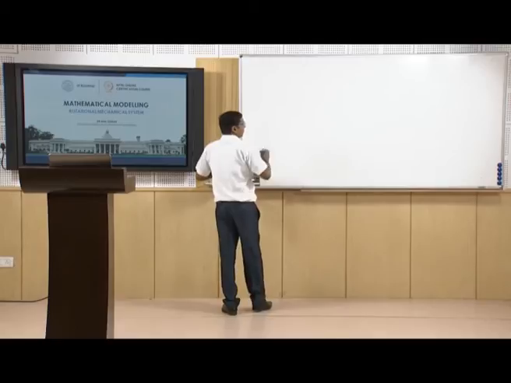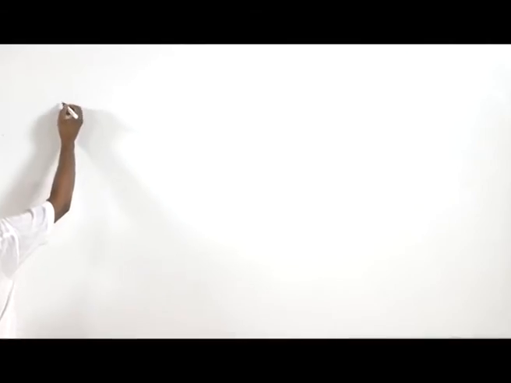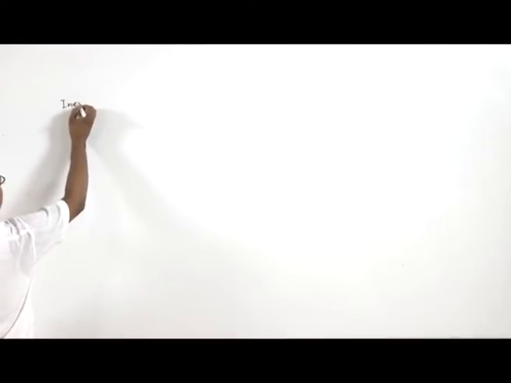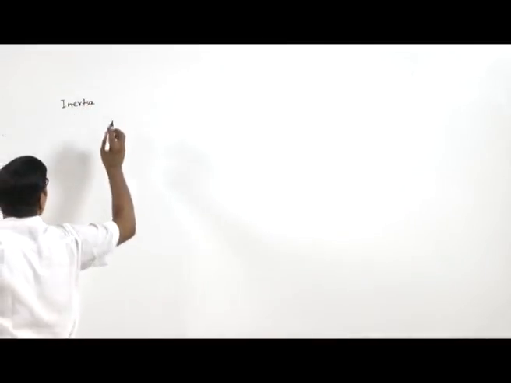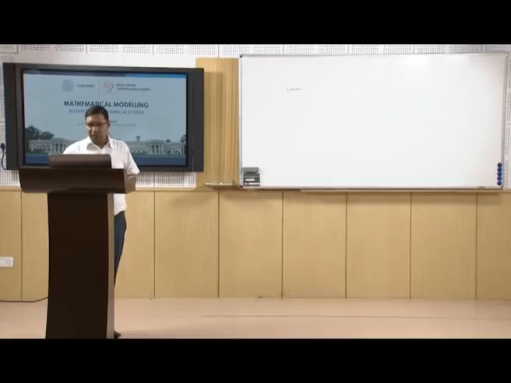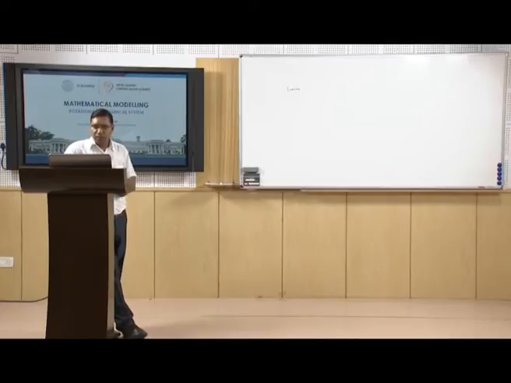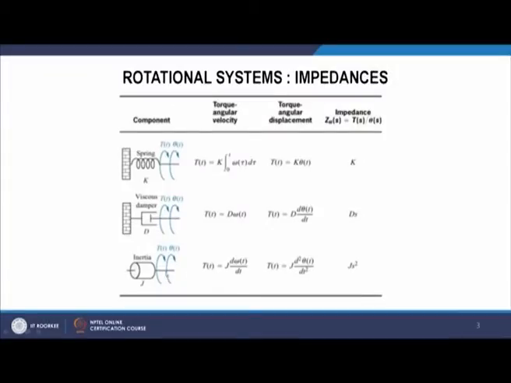For example, for the inertia, we can see in this slide this inertia that is subjected to torque and theta, the degree of freedom. So, we can write torque equal to J into d square theta by dt square, and so T s equal to J into s square.